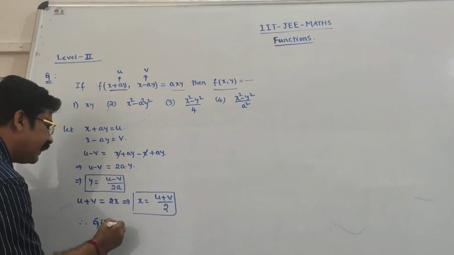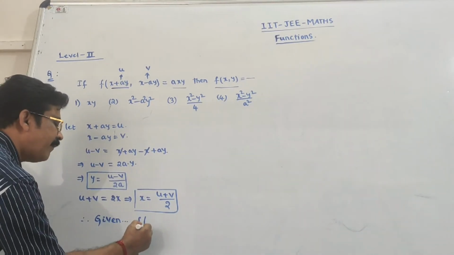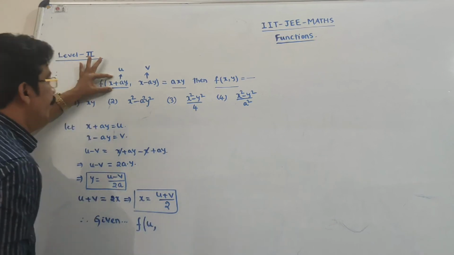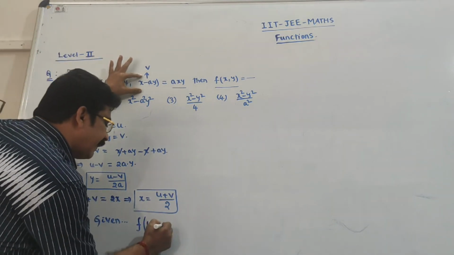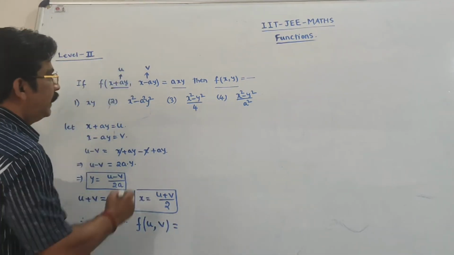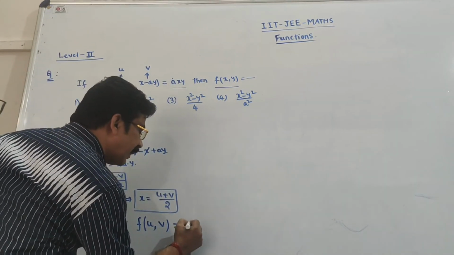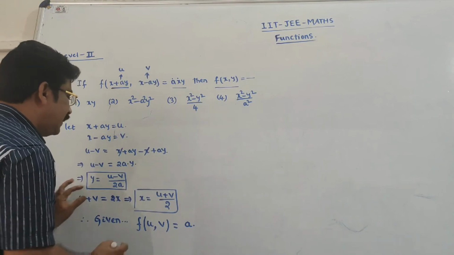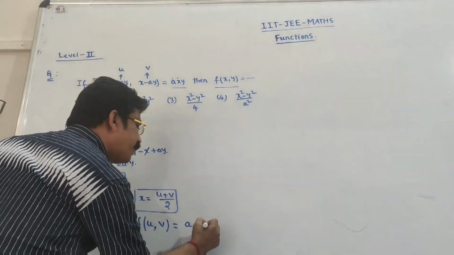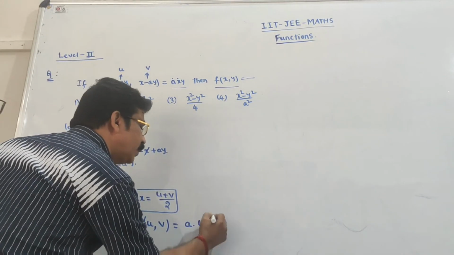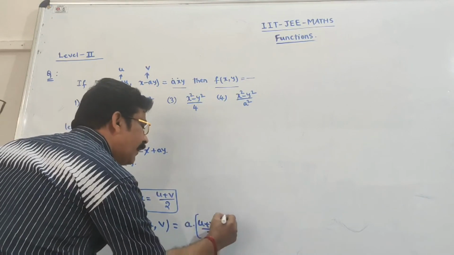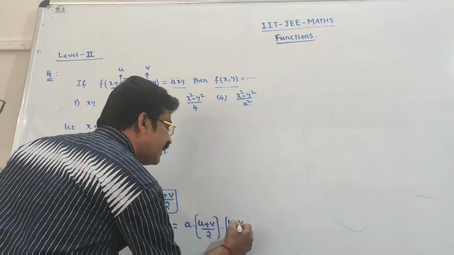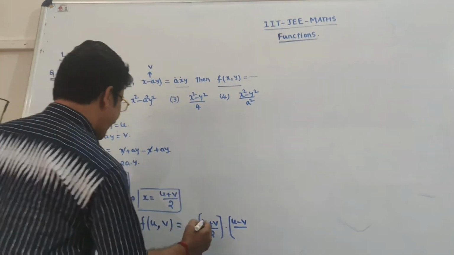So therefore the given equation is f of (x plus ay, x minus ay), where we let u and v, equal to small a into the x value, that is (u plus v) by 2, into the y value, that is (u minus v) by 2a.